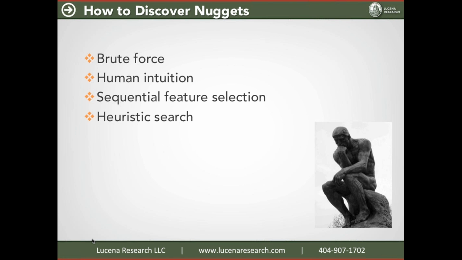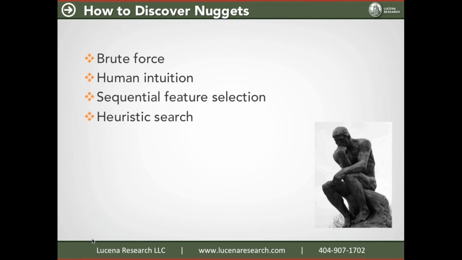But let's think for a minute about ways that we might solve this problem. One is brute force. We've kind of discounted that already. If you've got 166 years, yes, but the market will have changed significantly by the time you get there. Another is human intuition. That nugget I showed you a few moments ago was developed using human intuition.